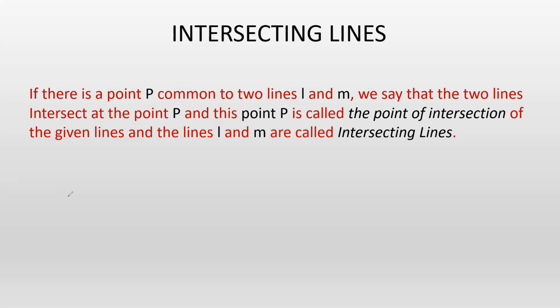Let us understand this through visualizing it. Say I have one of the lines as L and I have another line, say M. Now these two lines, they pass through a common point P. They pass through this point which is common to both of them.